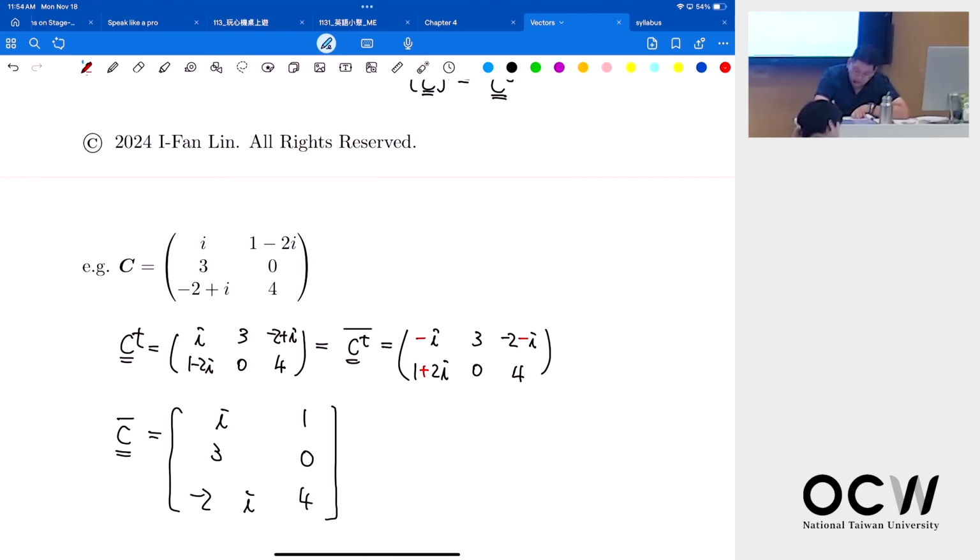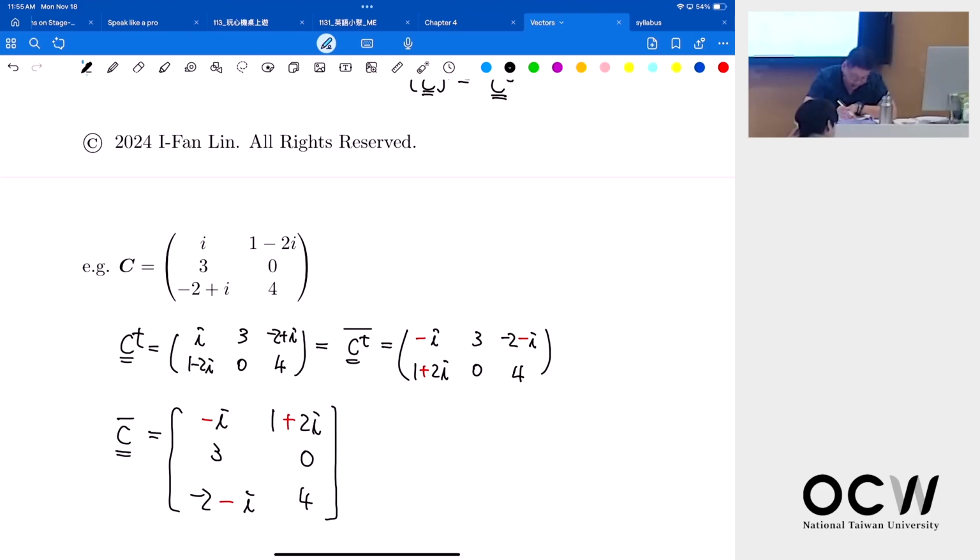We have minus i, minus 2 minus i, and here is 1 plus 2i, 0, 4. And now I can transpose it.